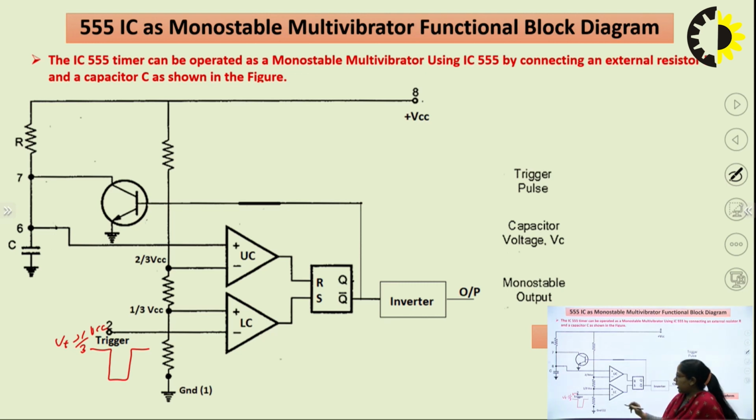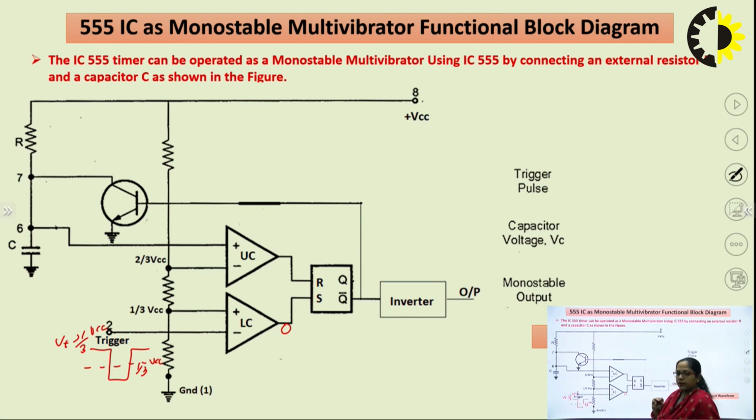Okay, and its magnitude in negative direction is lesser than 1/3 of Vcc. So the moment we have not applied any triggering pulse, the potential at inverting terminal is much higher than the potential at non-inverting terminal. So the output of lower comparator will be minus Vset, that is equivalent to logic 0. Fine.